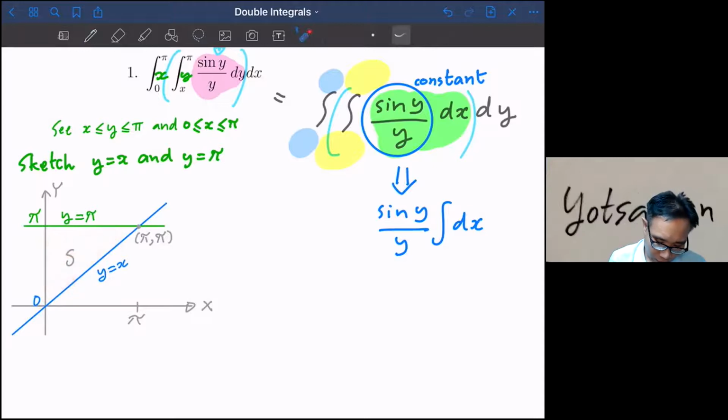So it's going to be from the y-axis to y equal to x. The y-axis has equation x equal to 0.